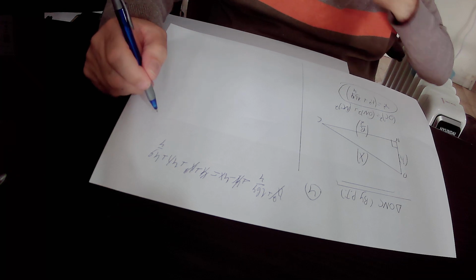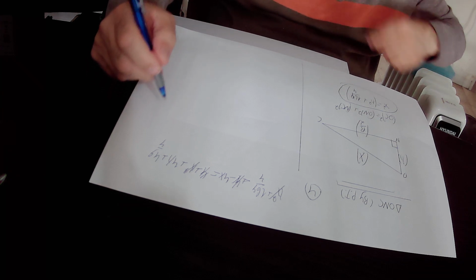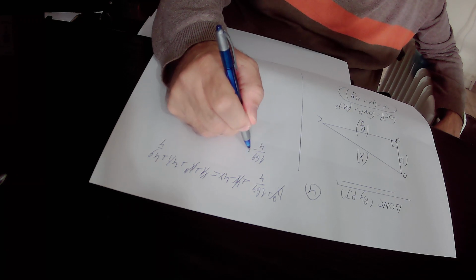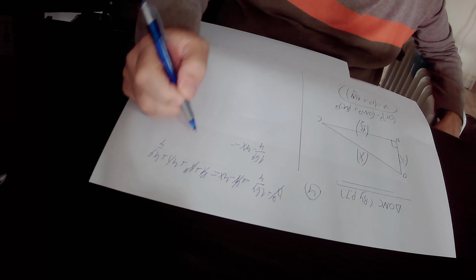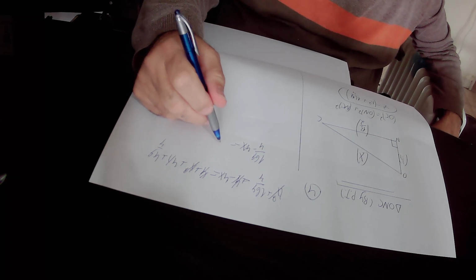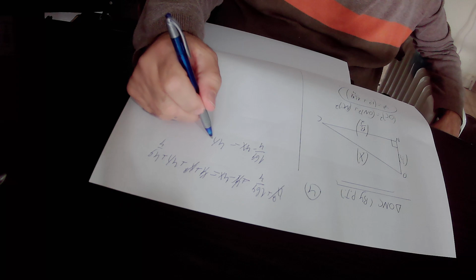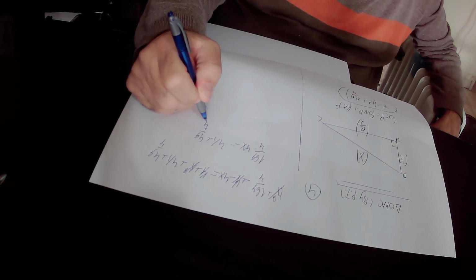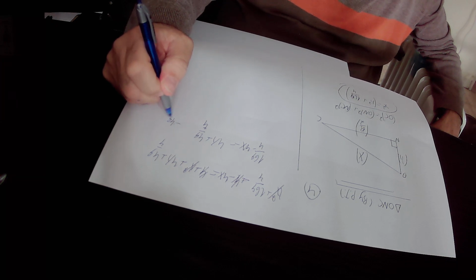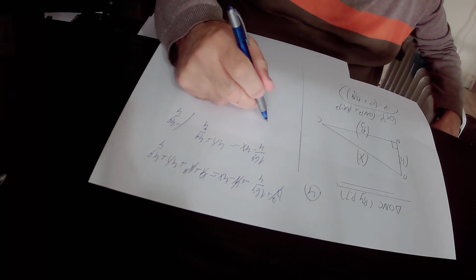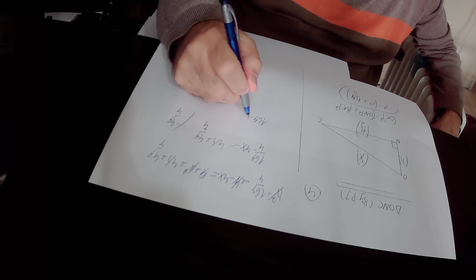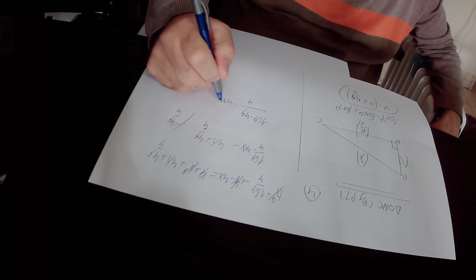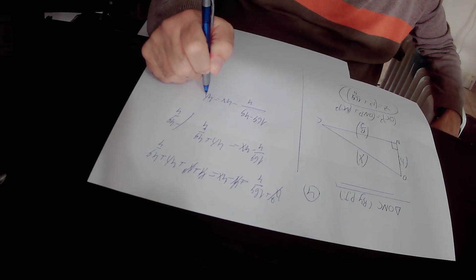And we are left only with 169 over 4 minus 4x is equal to 4h plus 49 over 4. We subtract 49 over 4 from this equation and we get that (169 minus 49) over 4 minus 4x equals 4h.